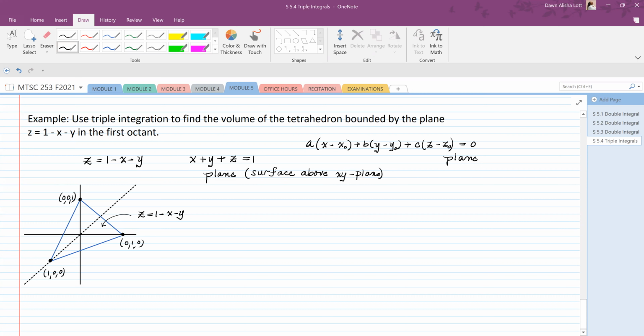So now the question is, what is R? Well, R, remember, you have to project down to the ground.